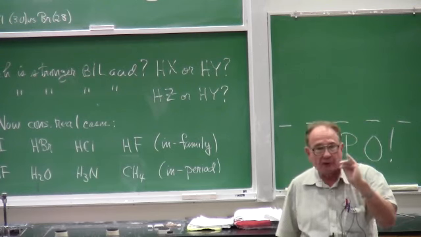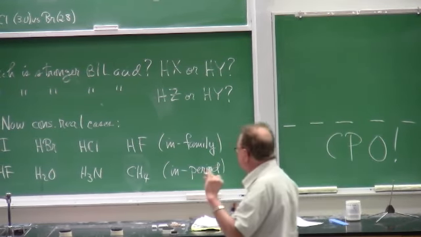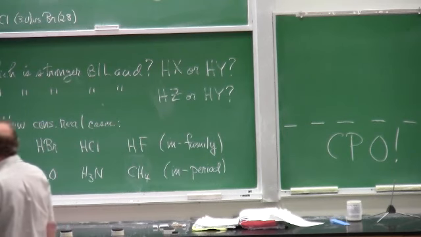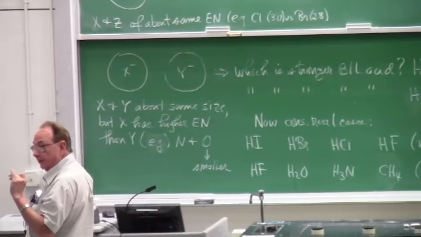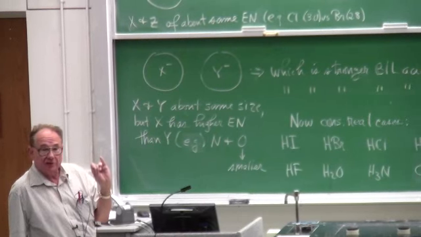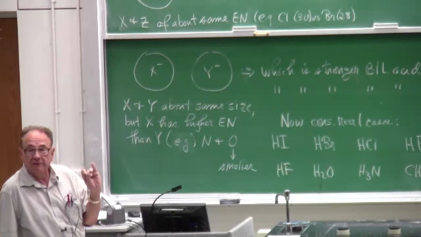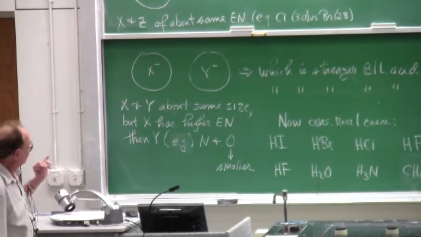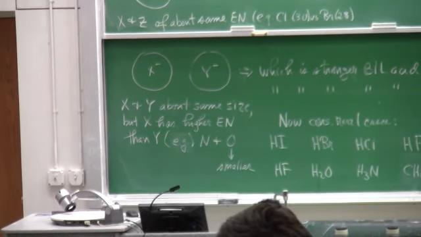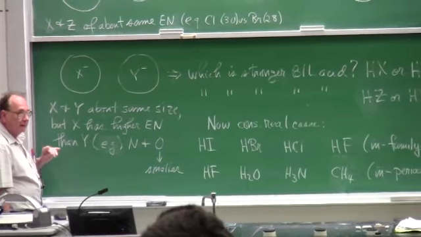So oxygen is smaller than nitrogen, but not a whole lot smaller. But the electronegativity of nitrogen is 3.0, whereas the electronegativity of oxygen is 3.5. A good deal more electronegative than nitrogen. That's the real case. Back to hypothetical X and Y.